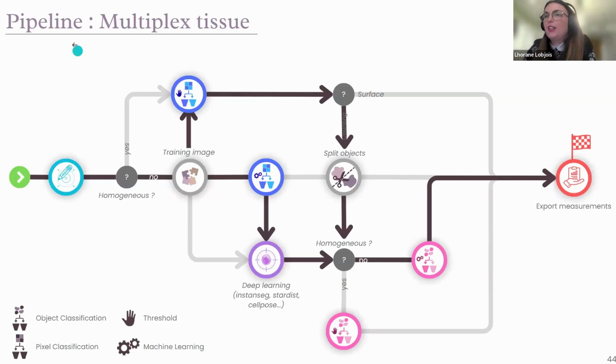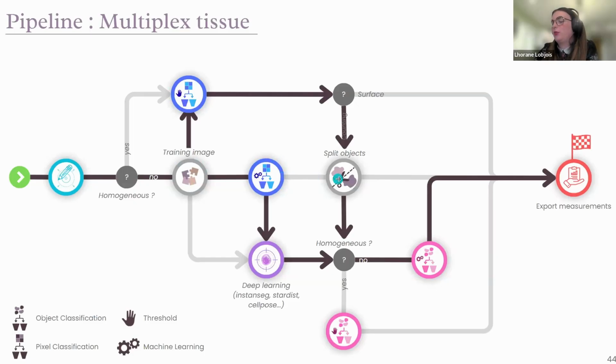I just checked the time, it's great. So for the multiplex tissue, you will again create a project. In this case, my signal will not be homogeneous, so I will need to create a training image. I will use pixel classification by threshold to detect my tissue. I will also use pixel classification by machine learning.